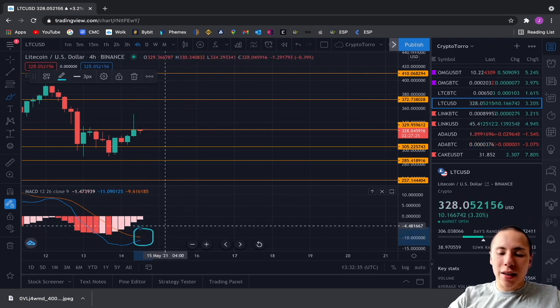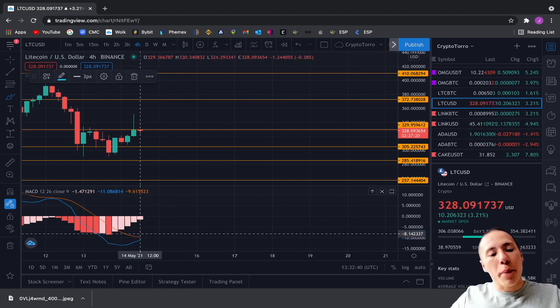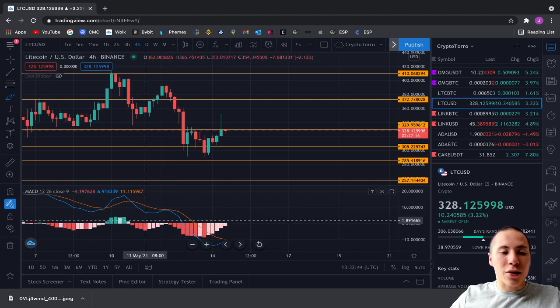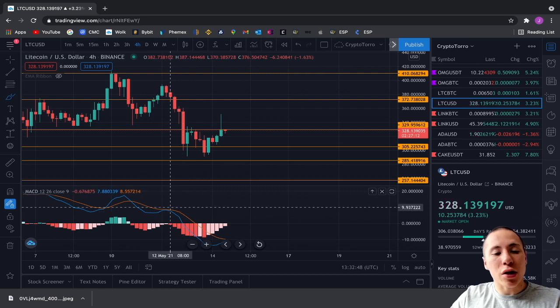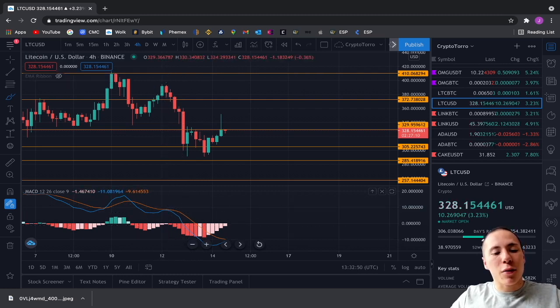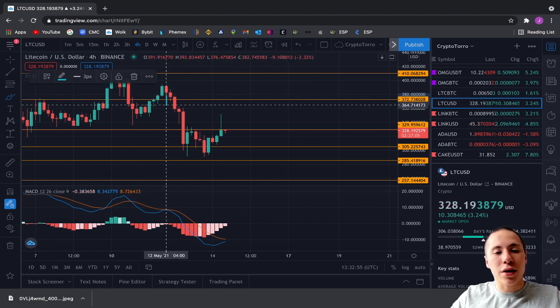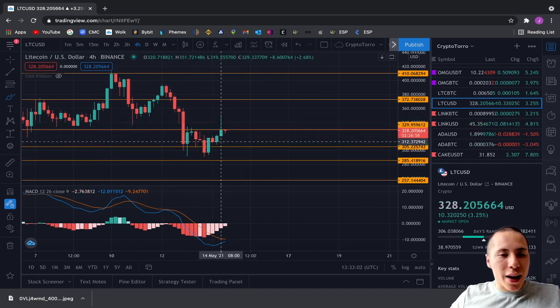And most of the time when the crossover happens on the MACD, there will be a momentum switch, especially because we already had one crossover over here, a second almost crossover, and still there was a lot of downward momentum. As you can see as well on the chart, there was a huge downward momentum that brought Litecoin towards the $305 range where it is trading at right now.